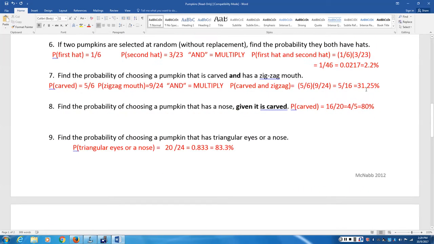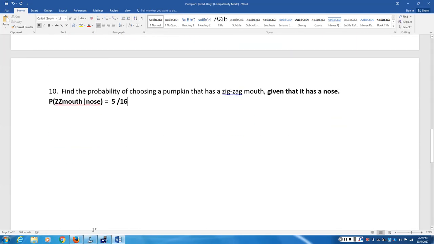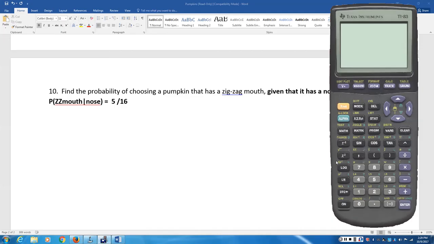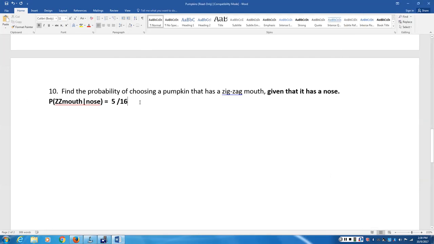Maybe not. So that would again be 31.25%.